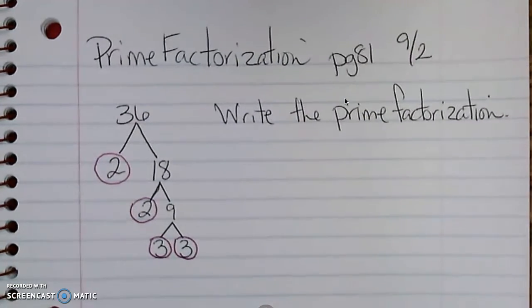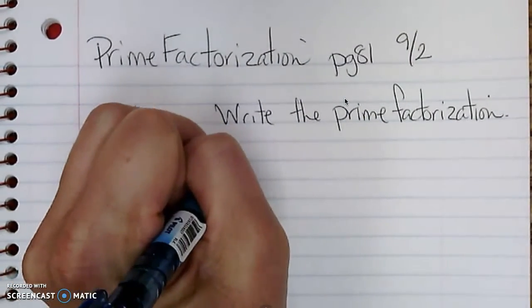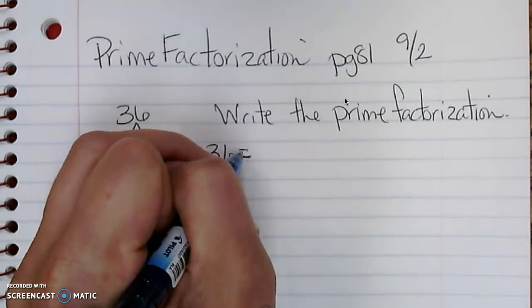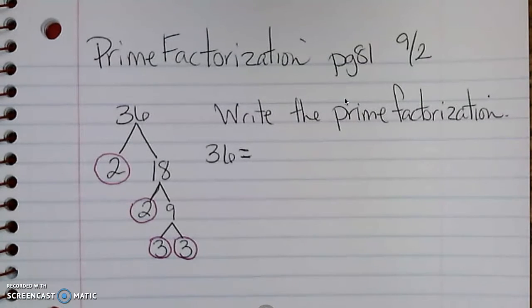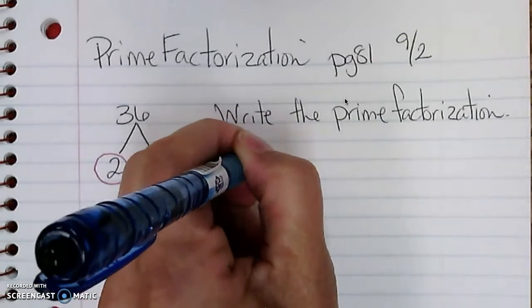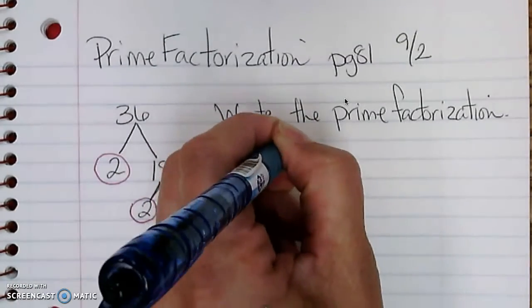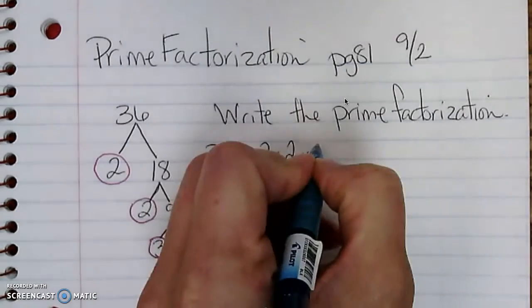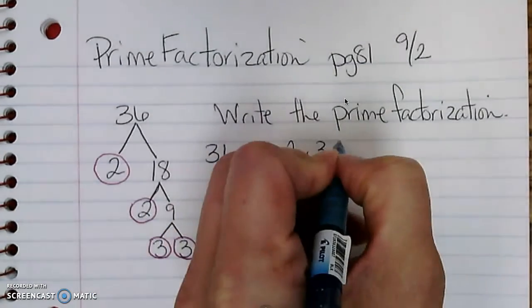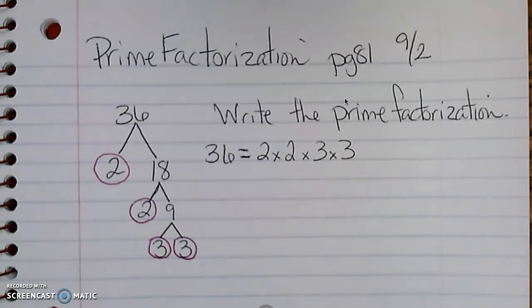So I would say that 36 equals, and when I write my prime factorization, I'm going to write my prime factors in order from least to greatest. I'm only writing the factors that I have circled. So I'm going to write 2 times 2 times 3 times 3. And that is the prime factorization of 36.